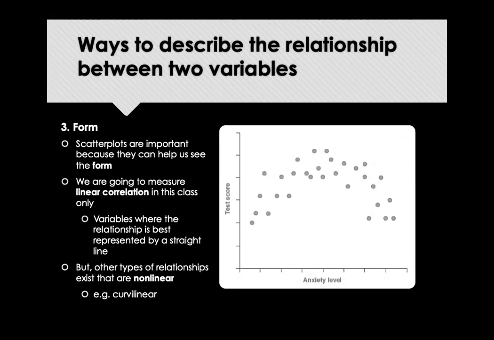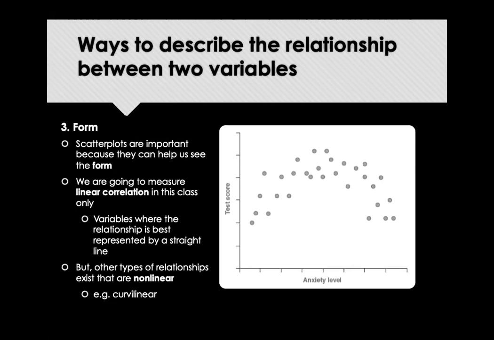And then the third way to describe a relationship between two variables is in terms of form. So scatter plots are really great for helping us see this particular way of describing a relationship, because when you do your calculations and you use the formula that we'll talk about, you could get a very weak or no linear correlation, and you might conclude that the variables are not related, right?